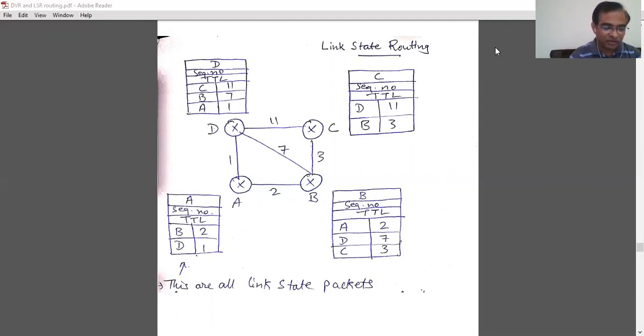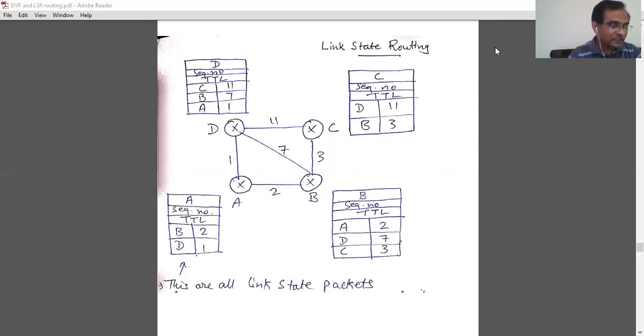By using something called hello packets. Before starting, you just say hi, and the neighbor will also say hi, and that is how you find out who your neighbors are and what the distance is.